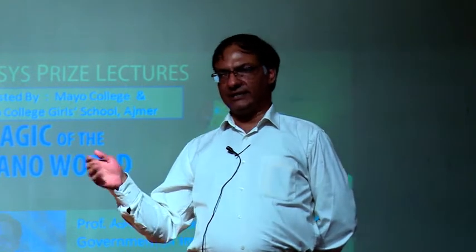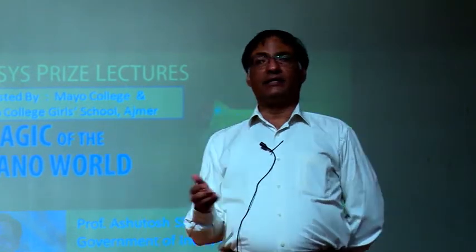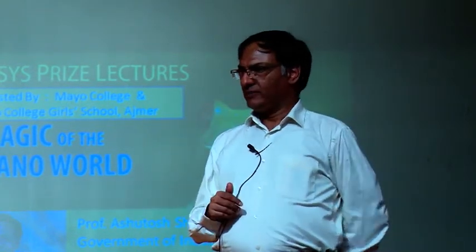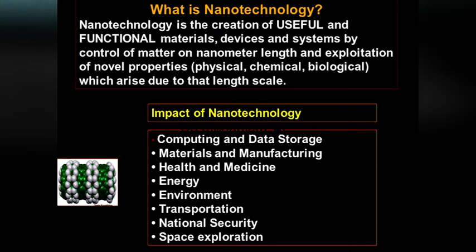And if you manipulate material at that scale, if you use material at that scale, then it is called nanotechnology. So if we understand the behavior of matter on that scale, and manipulate it, manufacture it, fabricate it, use it, that would be nanotechnology.